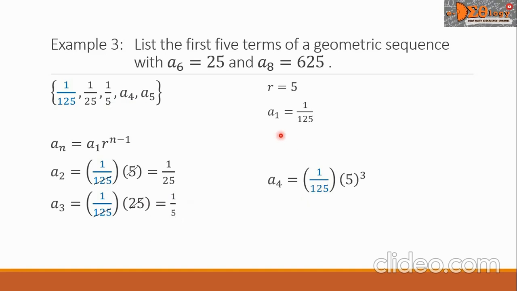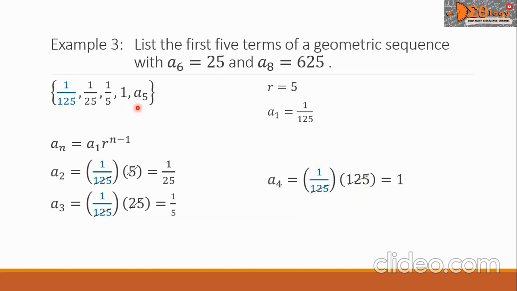We have now 1 over 125 times 5 cubed. Simplifying this value, we have 125, which we can cancel with the denominator here. So the final answer, the a sub 4, equals 1. This value we will substitute in here.